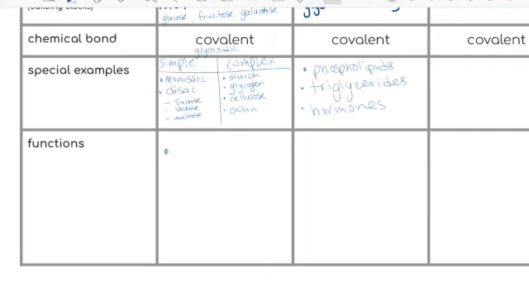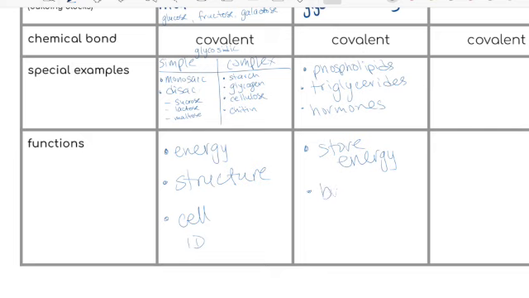What do sugars do? They provide energy, they provide structure, and cell identification. Whereas lipids store energy, build membranes, and are chemical messengers. Phospholipids build cell membranes. Triglycerides store energy. Hormones are the chemical messengers.